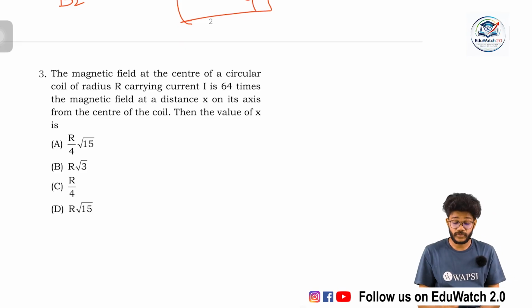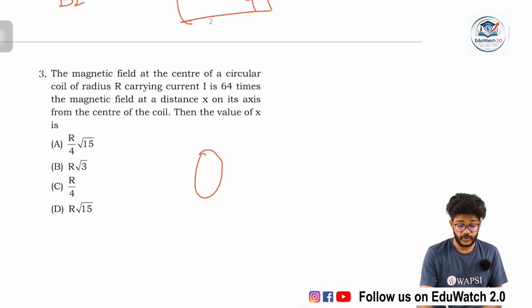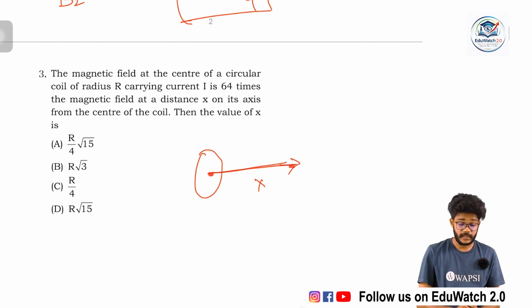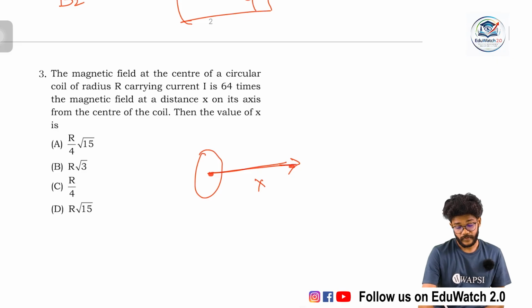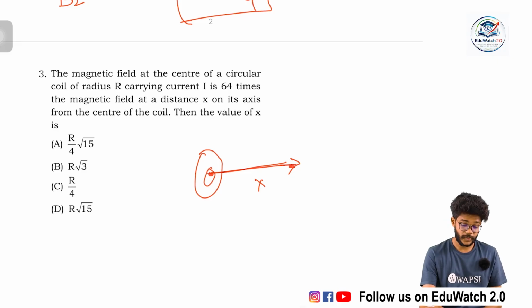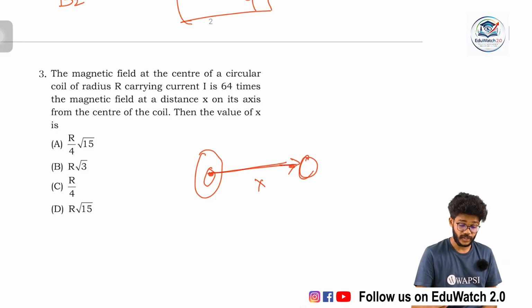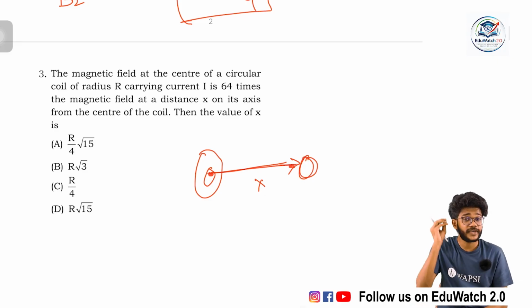We want to know the equation for the magnetic field at the center and at a distance x from the center along the axis. What is the equation for the magnetic field at this position? We want to derive it.